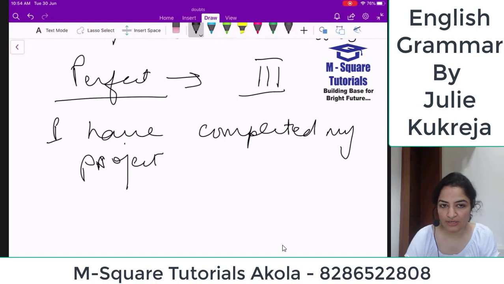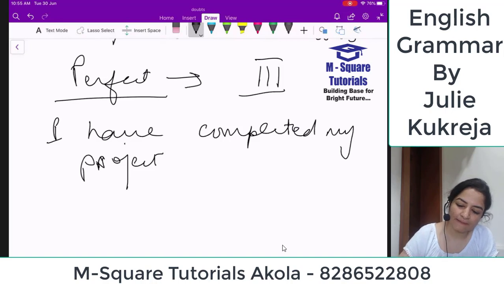Has goes with singular and have goes with plural. I takes have, you takes have. It, he, she, Ram, Sham, these kinds of pronouns take has because they are singular. And I and you are the exception.